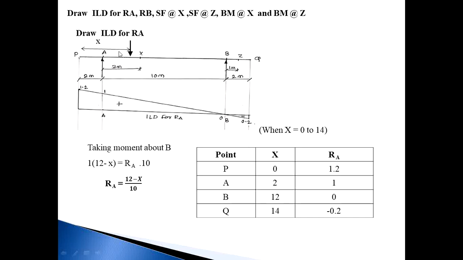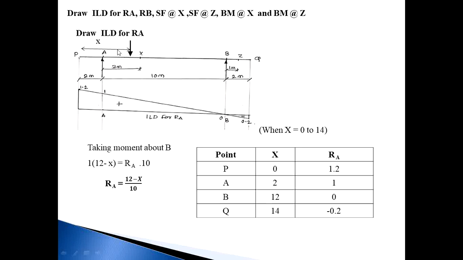Next, this point load moves from P to A, so now your point load is at point A. Then the X value from P to A is 2 meters. So X is equal to 2. Put X equal to 2 in this equation: 12 minus 2 divided by 10, that is 10 by 10, it is 1.